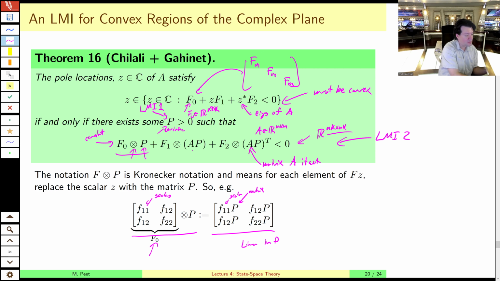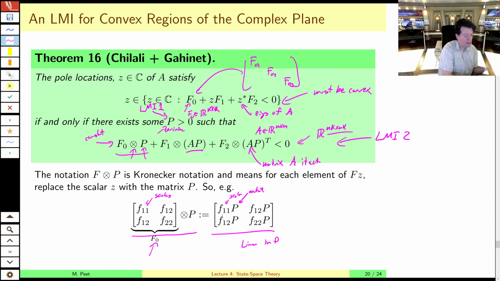The second term is the same thing, except instead of multiplying all the scalars by P, multiply them by AP. So, right, F11, F12, F12, F22 times AP is F11 AP, F12 AP, F12 AP, F22 AP, right?